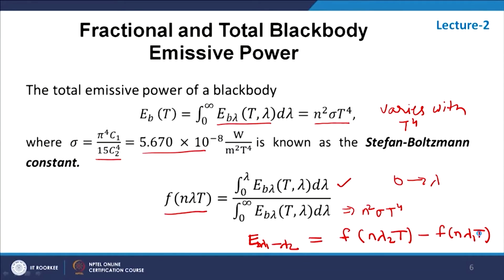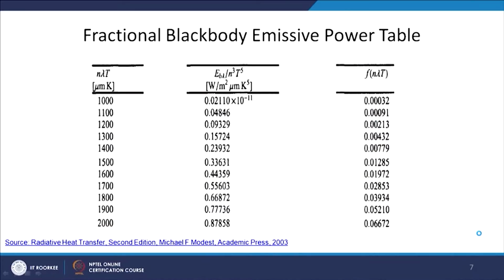So, we do not need to calculate these integrals again and again, these have been calculated by researchers. There is a simple program available, one can use that program and tabulate these values in tabular form. For example, this particular table taken from the book by Michael Modest gives you the table of fractional black body emissive power as well as the spectral emissive power.